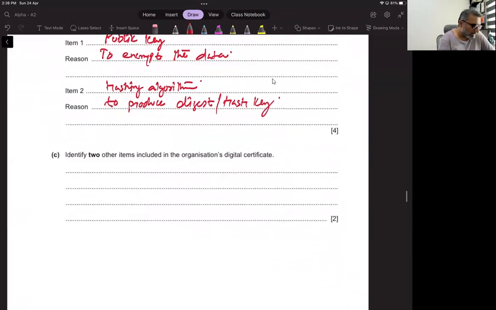All right. Identify two other items included in the organization's digital certificate. Actually, so many things are part of the digital certificates.